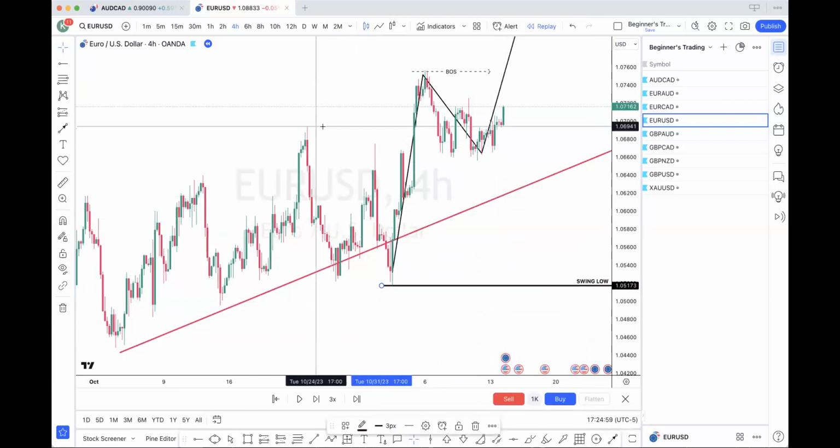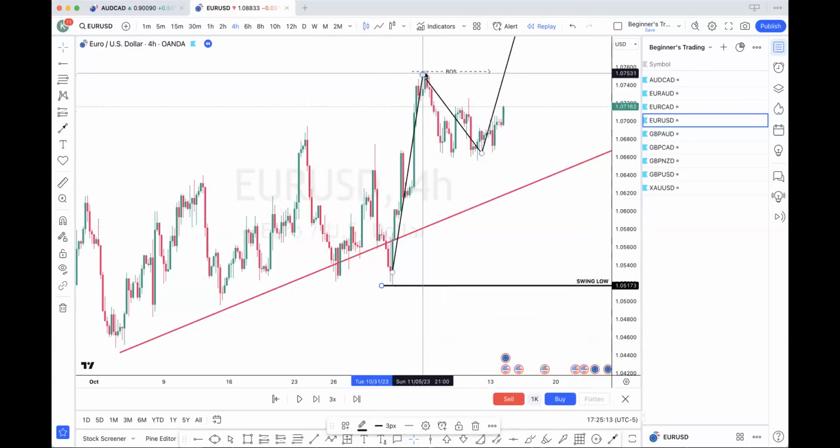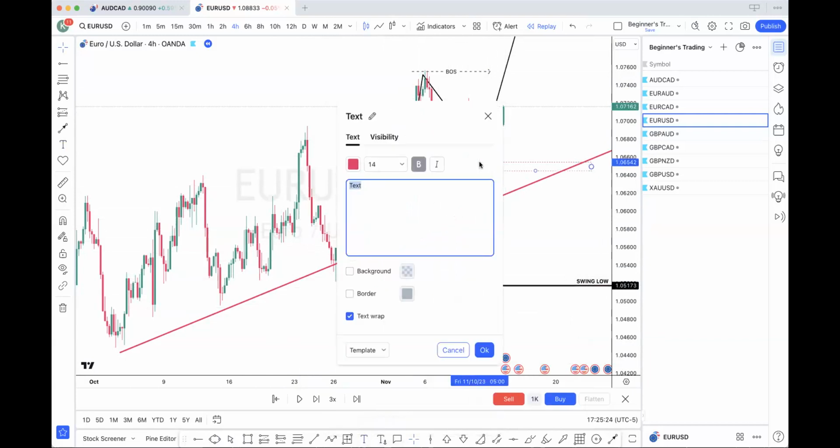Once this broke structure, this would have been the break of structure. Once this breaks structure, this becomes the swing low. Okay. So until this high gets broken, this is just a low. This is the higher low.